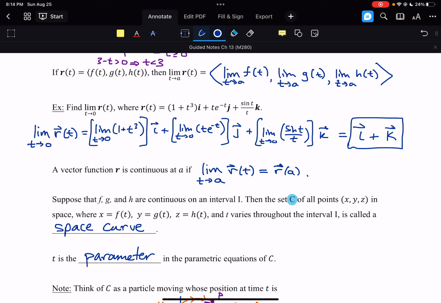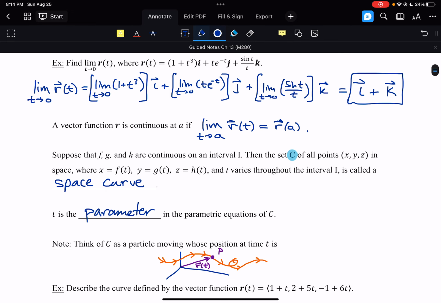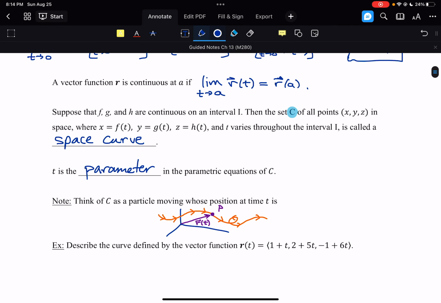Another way of visualizing this, given right down here: think of C as a particle moving whose position at time t is f of t, g of t, h of t. You can see here I've got my space curve that's giving the trajectory that the particle is moving along.